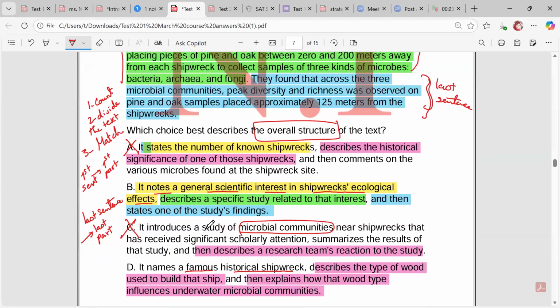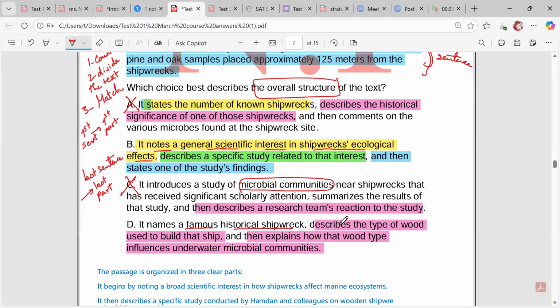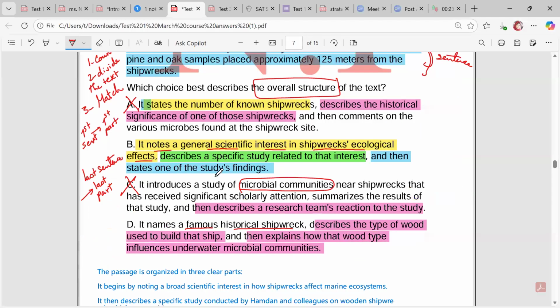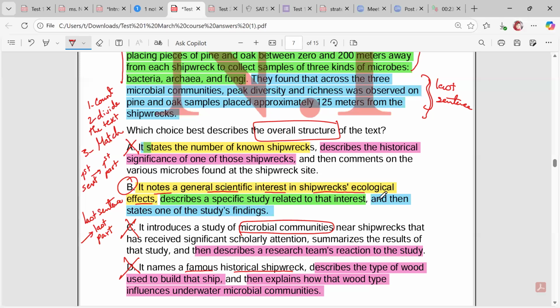So here there is indeed a study. What does the other one say? It describes the type of wood used to build that ship. No, here it's a study, not the type of wood. So this one is wrong. Okay, so this one is right. And then it states one of the study's findings. Yes, they found it here. So B is the best answer.